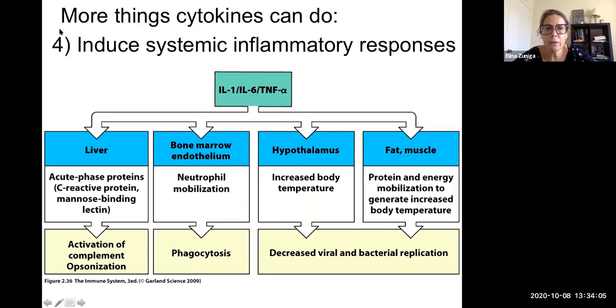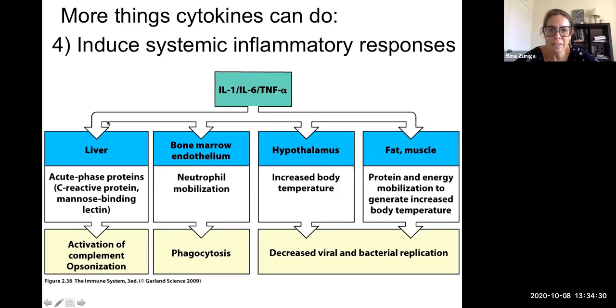And finally, the other way in which cytokines can alarm and help the destruction is via the induction of systemic inflammatory responses. And these are IL-1, IL-6, and TNF-alpha, which we mentioned before, also called pro-inflammatory cytokines, and they have systemic effects.